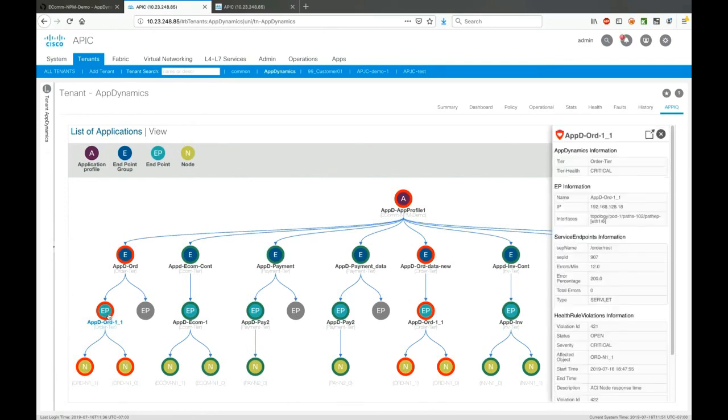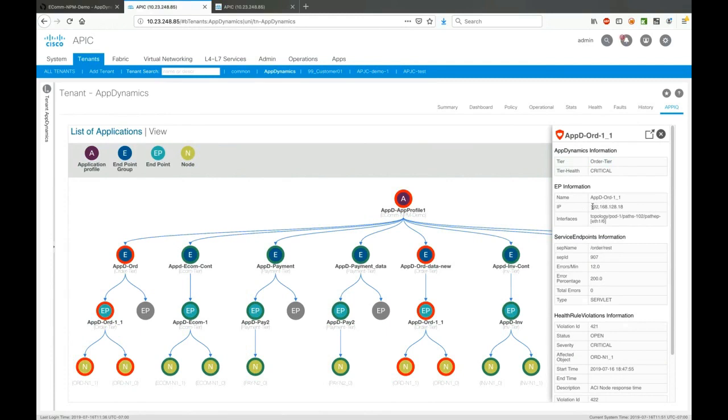So I can go ahead and click this and see this particular node, AppDynamics, is part of the order processing tier. The health of this node is critical. It means that there is something going on with this node which is not good for the application performance.